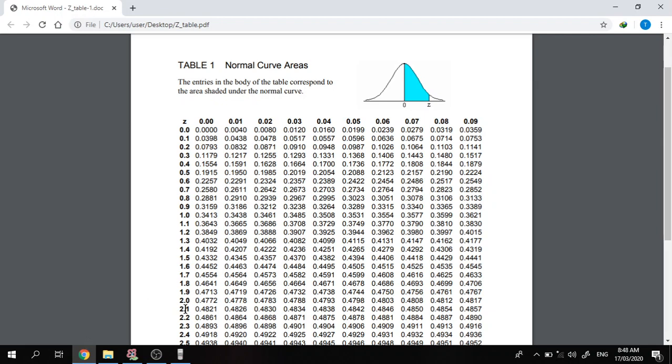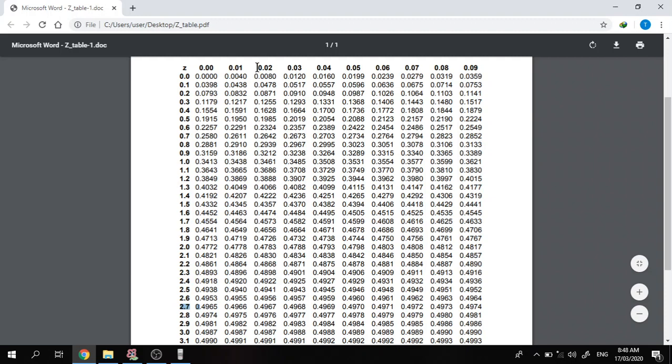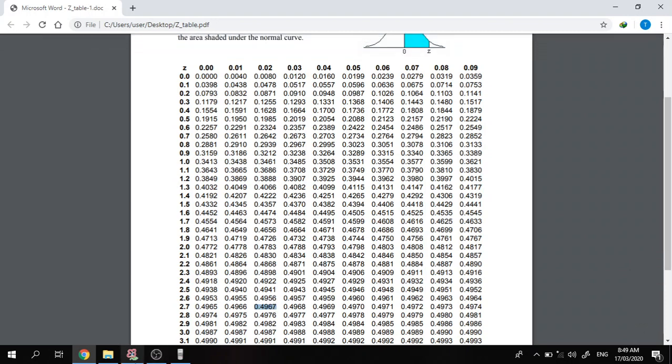Makikita nyo dito ang 2.7, tapos nandito ang 0.02. Then, tingnan nyo lang yung kanyang intersection. So, meron tayong 0.4967.